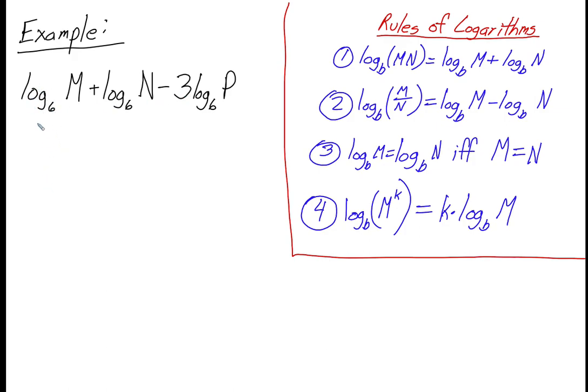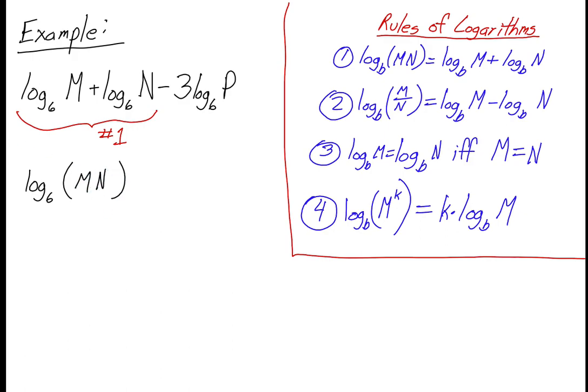Well, we could say these first two, according to rule number 1, since they have the same base and we are adding them, we can take those first two and make them into the log base 6 of m times n.